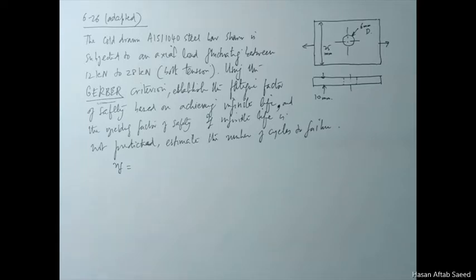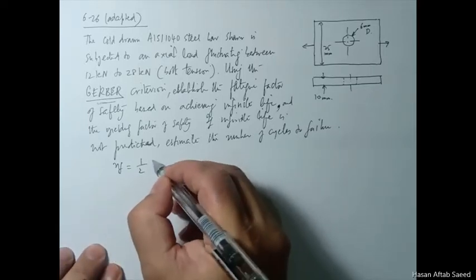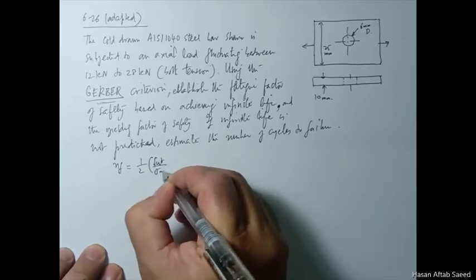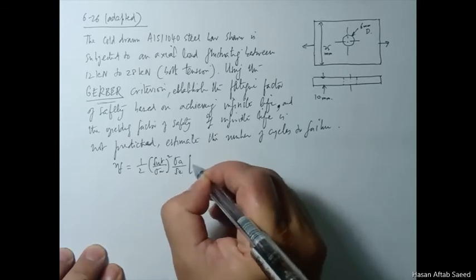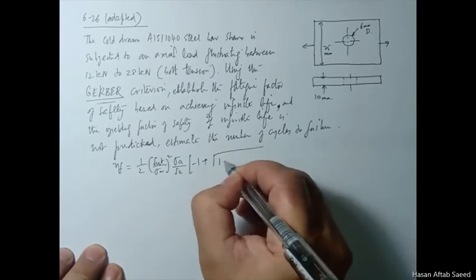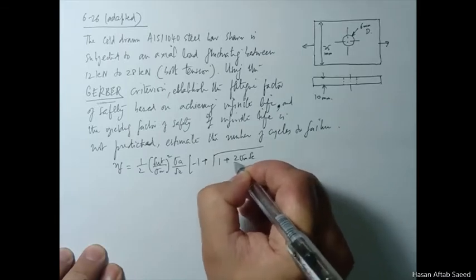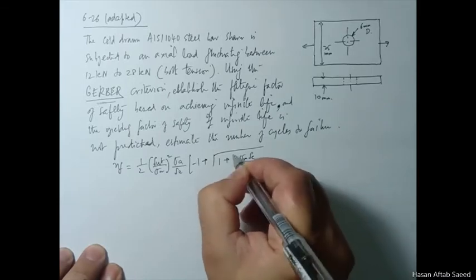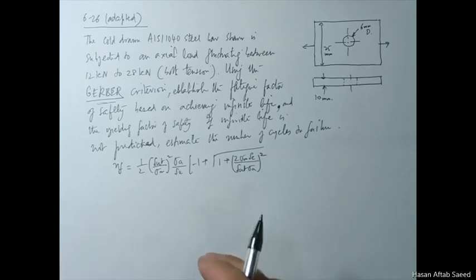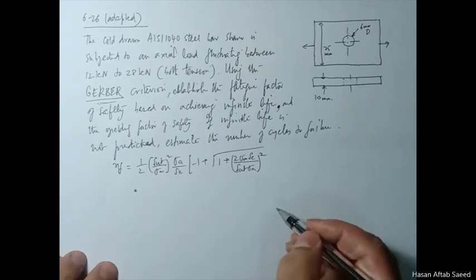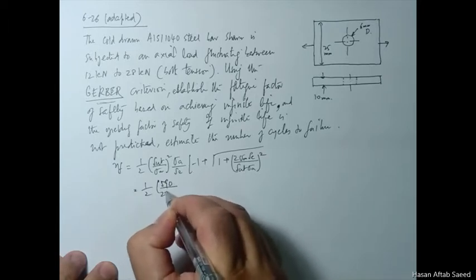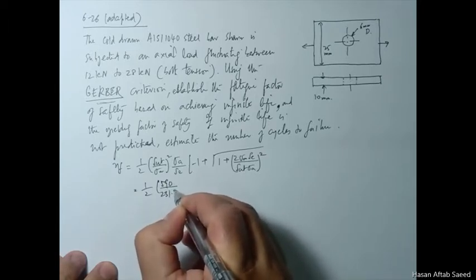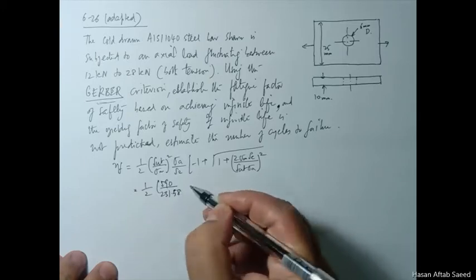Let's first write down the formula. 1/2 (SUT over sigma m) squared (sigma a over SE) times minus 1 plus the square root of 1 plus (2 sigma m SE over SUT sigma a) squared. Now we had calculated all these values in the previous problem, so it's just a matter of putting in the values. Please verify these values. We had done it earlier, so there shouldn't be a problem.